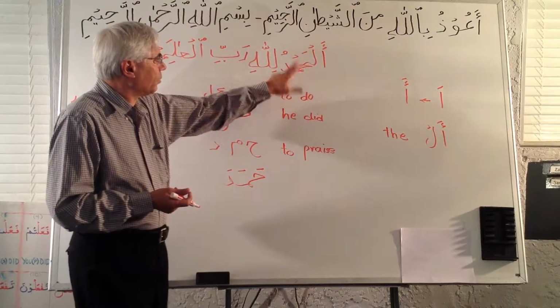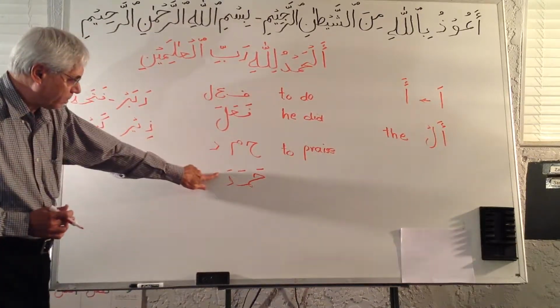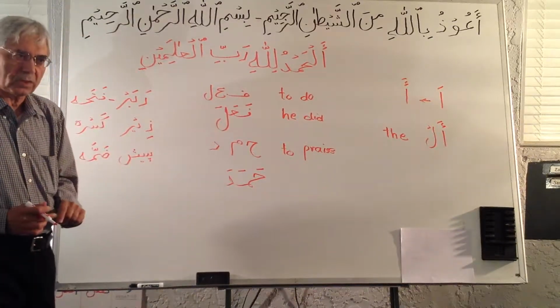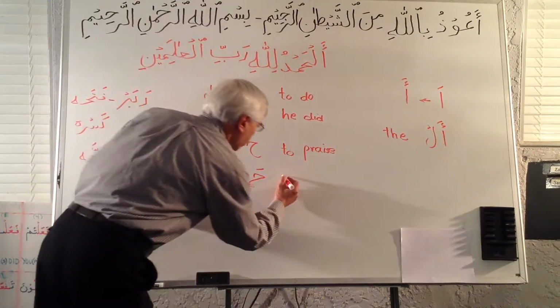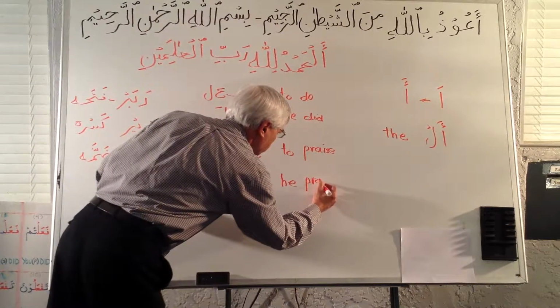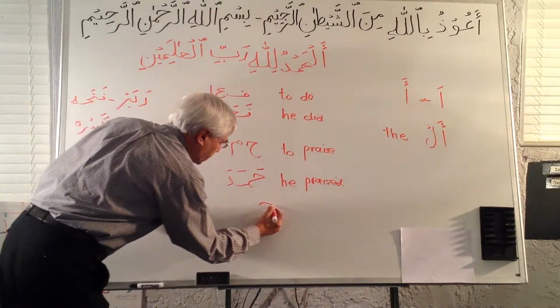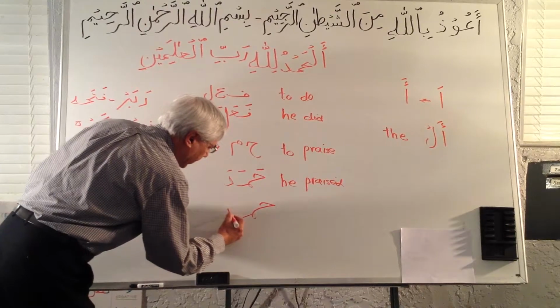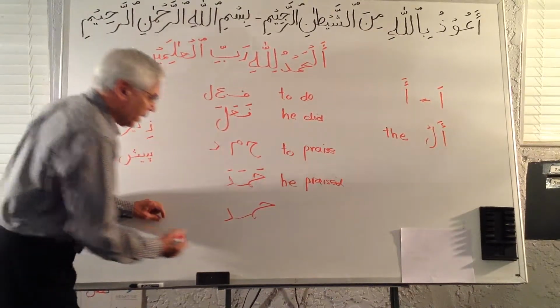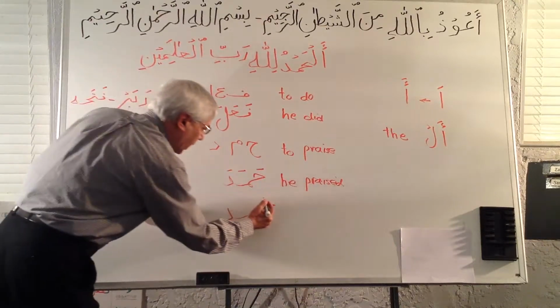Also, one more thing before I go into this is, if I take the same 3 letters here, so this means he praised. If I take the 3 letters and again combine them just like that, and now I'm going to put different harakats.